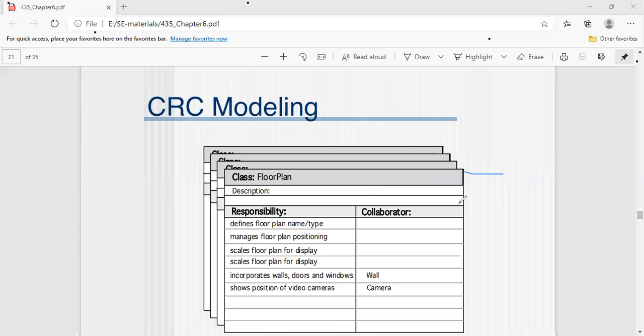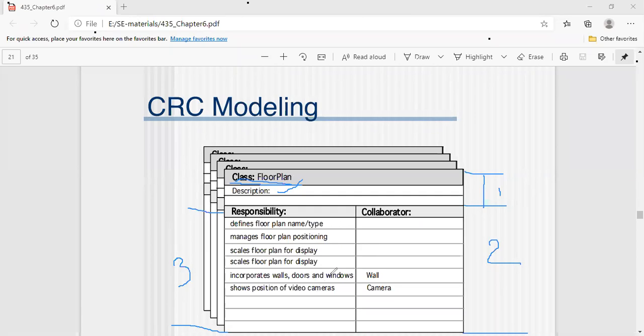This is part one, and from here to here is part two, and this responsibility is part three. This card has three parts. What is part one? Part one represents the class name and the description of that particular class.